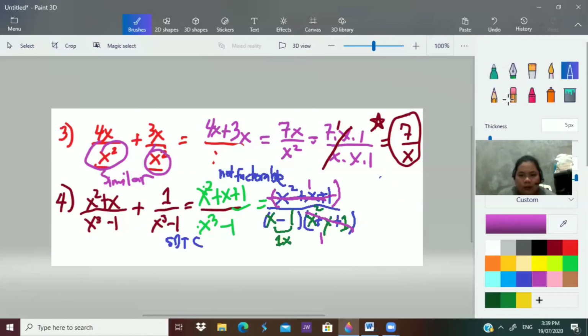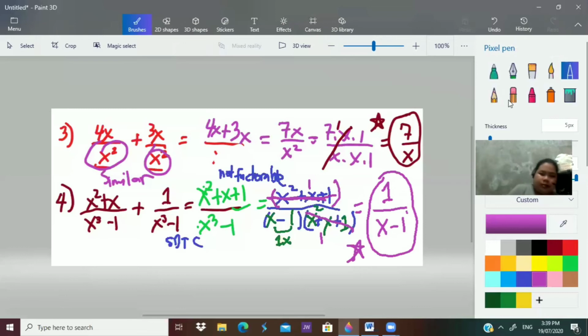So, this would be 1 all over x minus 1. So, this would be 1 over x minus 1. So, this would be our answer. So, sabi sa last step, simplify as possible.